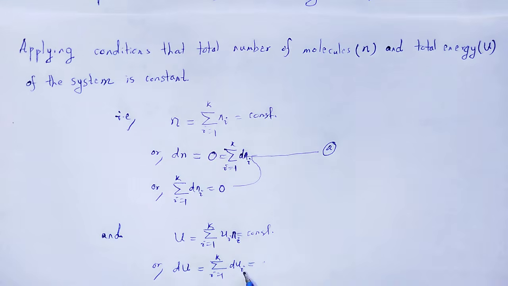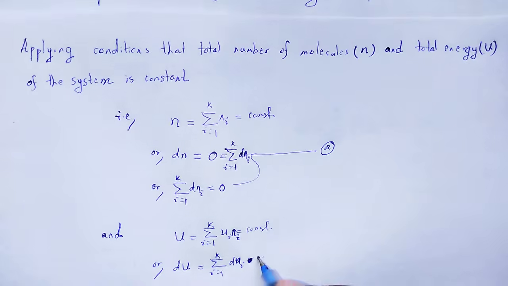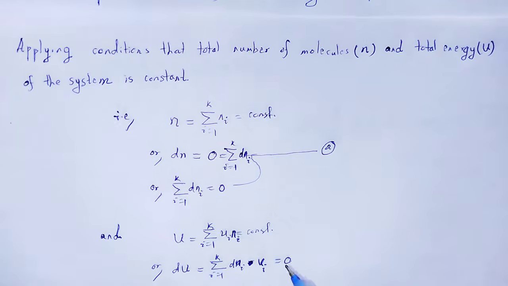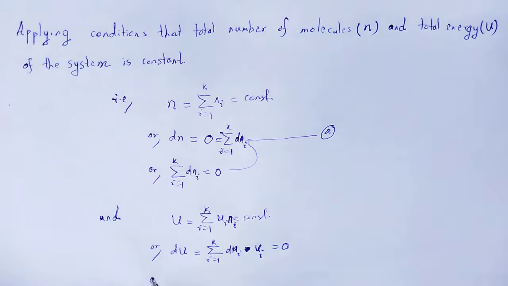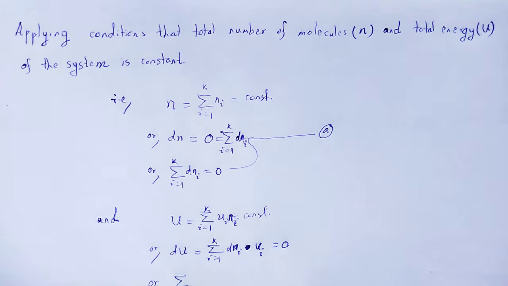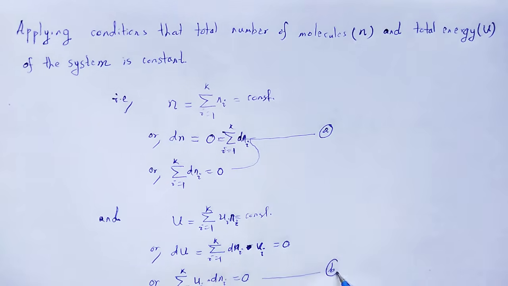So it is dNi into Ui, which results 0, or summation over i from 1 to k Ui into dNi is equal to 0. That is equation number B.